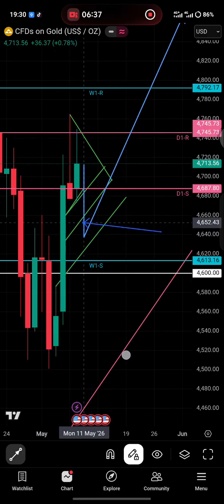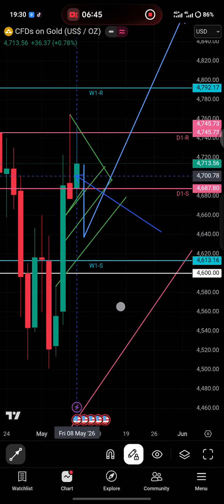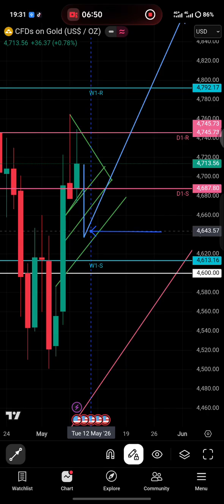Which means if the chart is filling all of this here, it is going to form a bullish price action at about 4,600 plus, which means another 10,000 points of dumping, right?